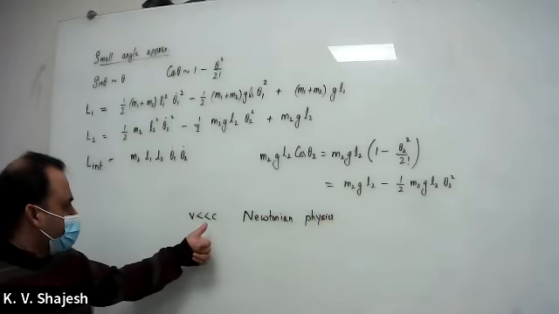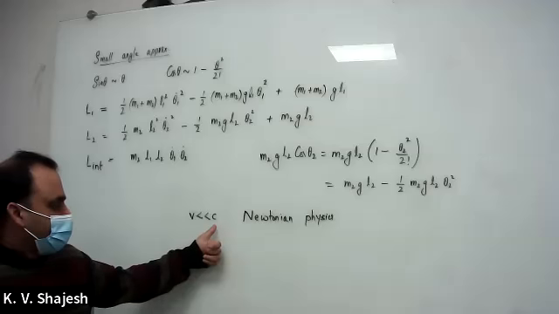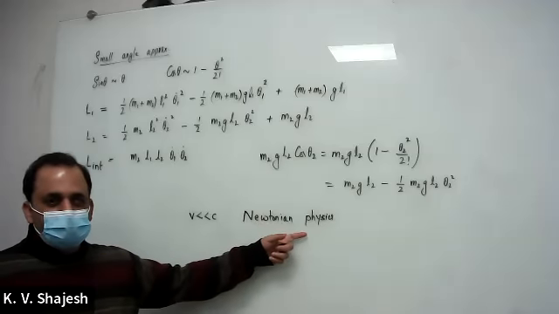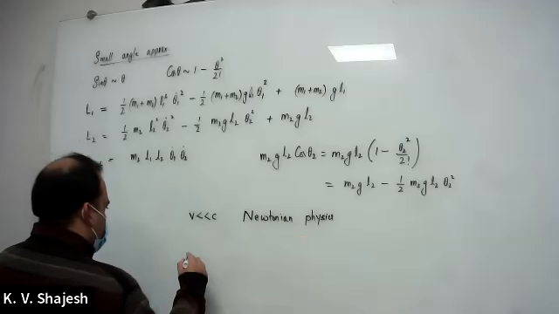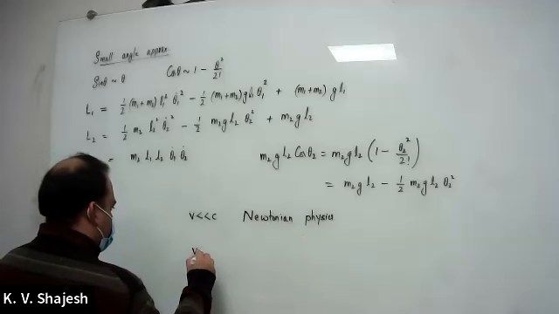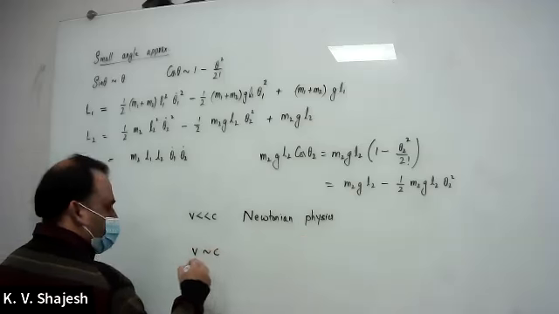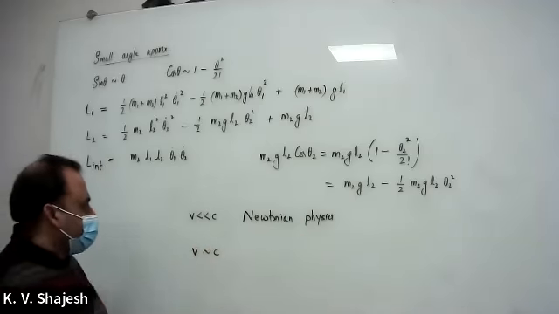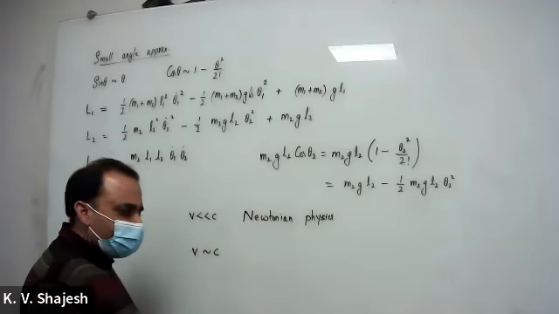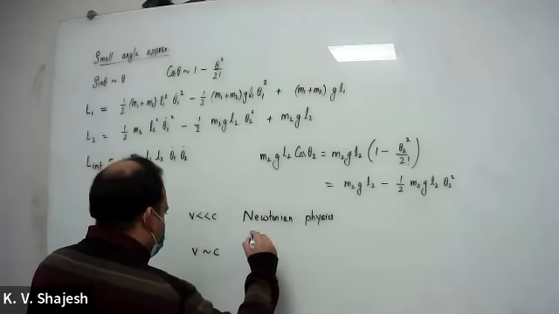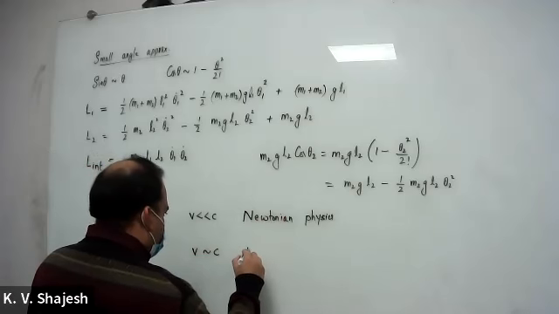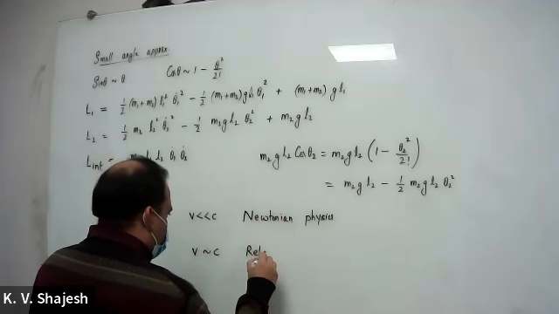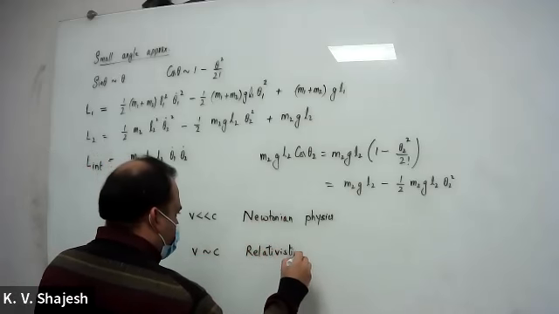When the velocity is very much smaller than the speed of light, then Newtonian physics works great. When V is of the order of C, it always has to be less than C, then this is Einstein's physics, which is called relativistic physics.